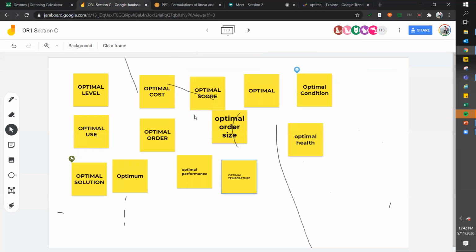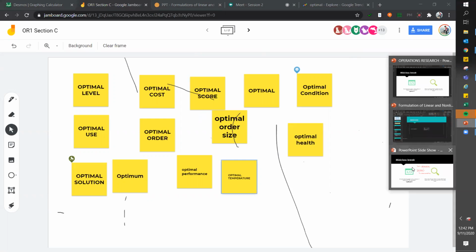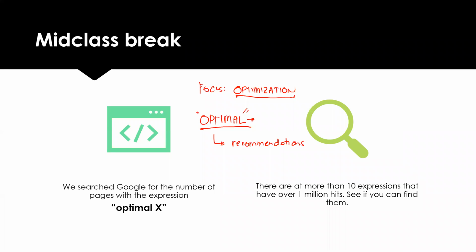So once again, yung term na optimal is very popular, especially when you're looking for any kind of projects. When we talk about optimal, kalimitan, may ginagawa kang projects or anything related sa improvements.